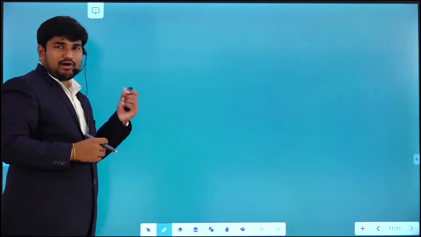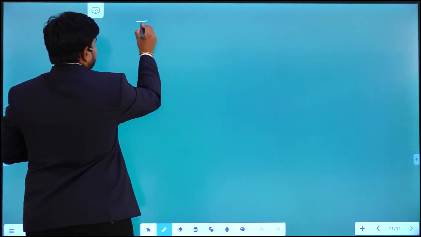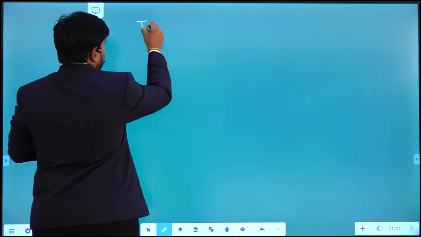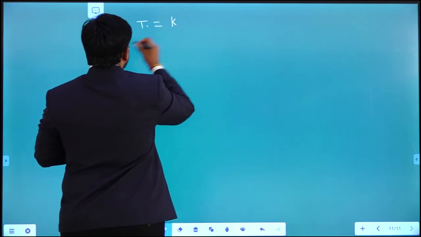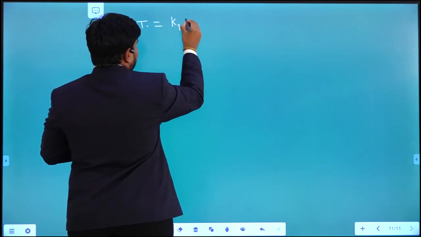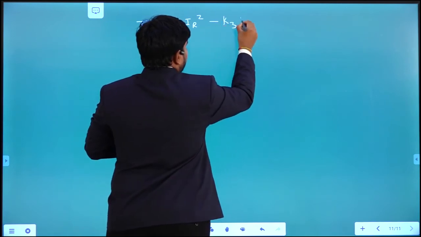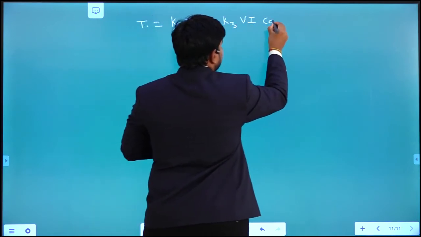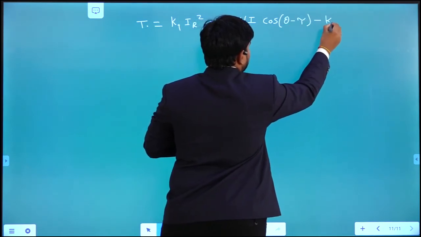Now let us find out what is the expression to produce trip signal. I am rewriting this torque expression. Torque is equal to, in case of reactance relay, K1 into IR square minus K3 into VI cos of theta minus tau minus K4.